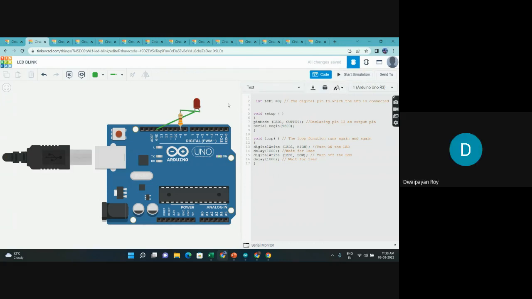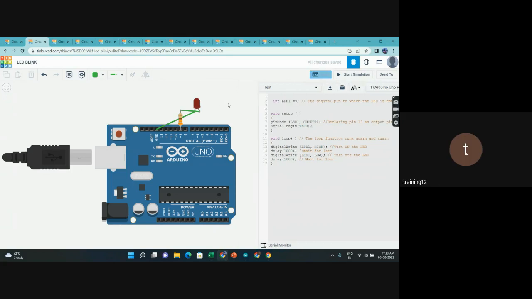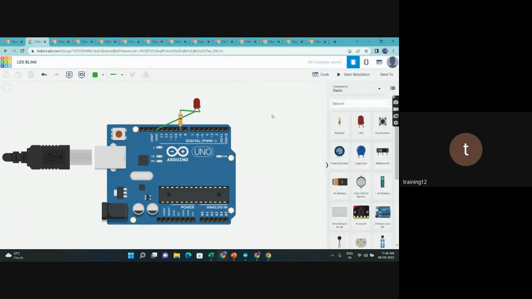Okay. Then I have given one experiment to you. Then you also try. I give it in the chat box.